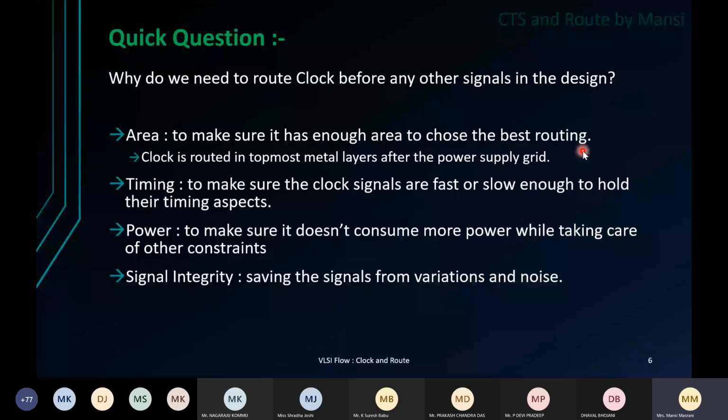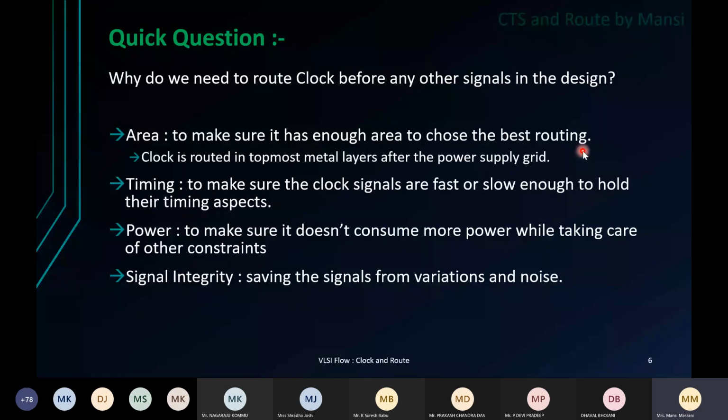The power supply grid is planned first, and it takes the topmost layers of the design. Let's say your design has metal layers up to 14, 13, 12, anything. Let's say my design goes up to metal 12. Then the first two layers, metal 12 and metal 11, will go to the power grid.